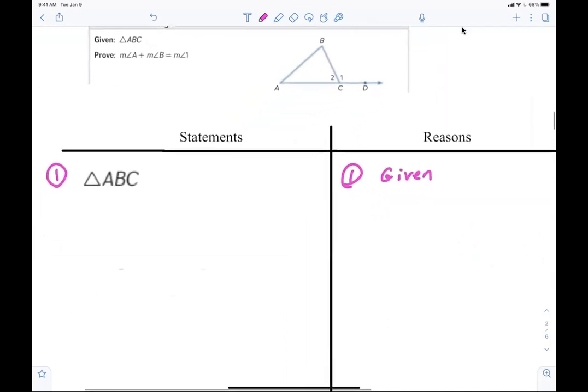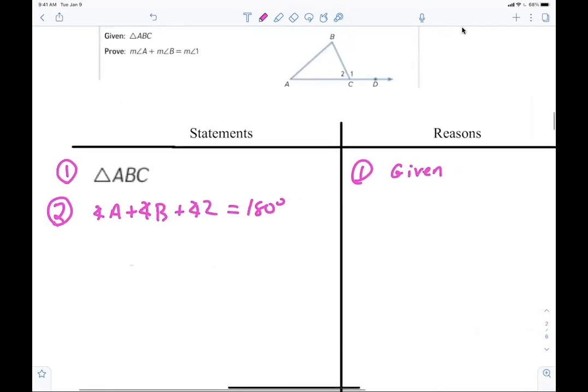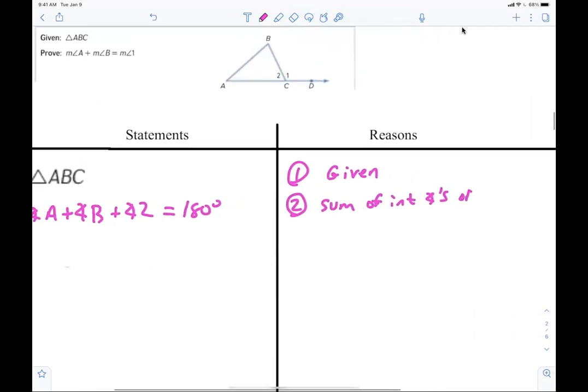For step number 2, angle A plus angle B plus angle 2 equals 180 degrees.